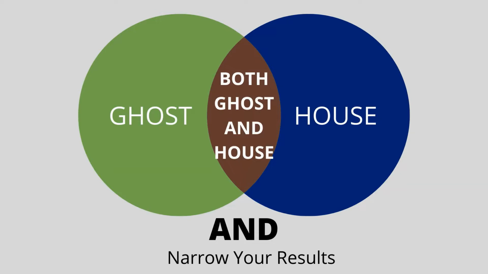When you use and to combine those two terms, instead of getting everything in the green and everything in the blue, you actually get the stuff in the brown. That's the intersection between all of the articles in a database that contain both the word ghost and the word house.